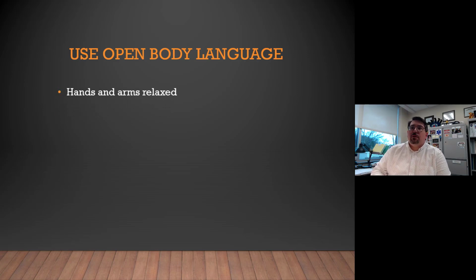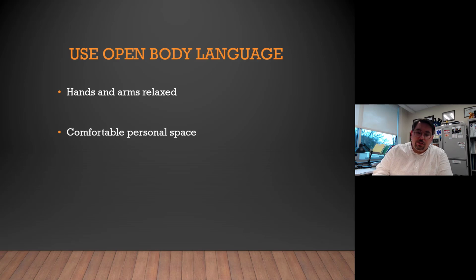So when you're doing this, things to keep in mind. Number one, keep your hands and your arms relaxed. You don't want to be uptight. You don't want to have crisscross arms. You want to try to be as relaxed and as open as you possibly can. Be comfortable in your own skin. Be comfortable in your own personal space. That's going to help you indicate that you're listening as an active listener.